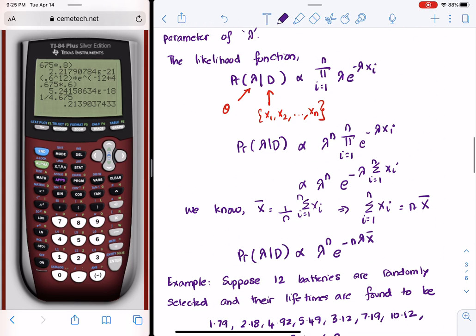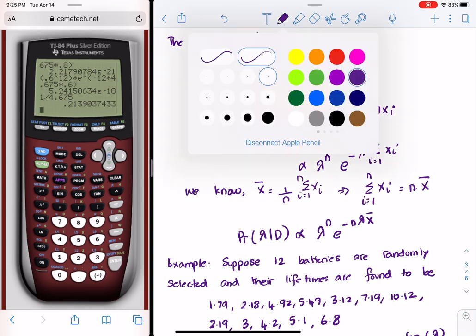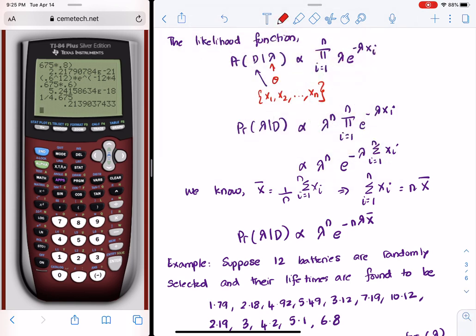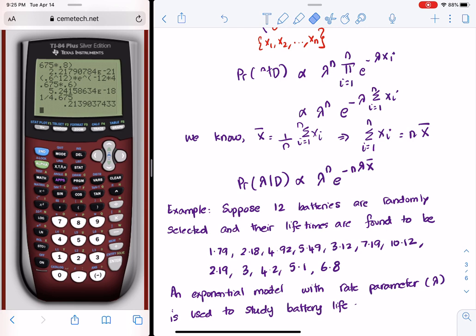I got way too excited and messed up the notation, so I apologize. So the likelihood is given a parameter.